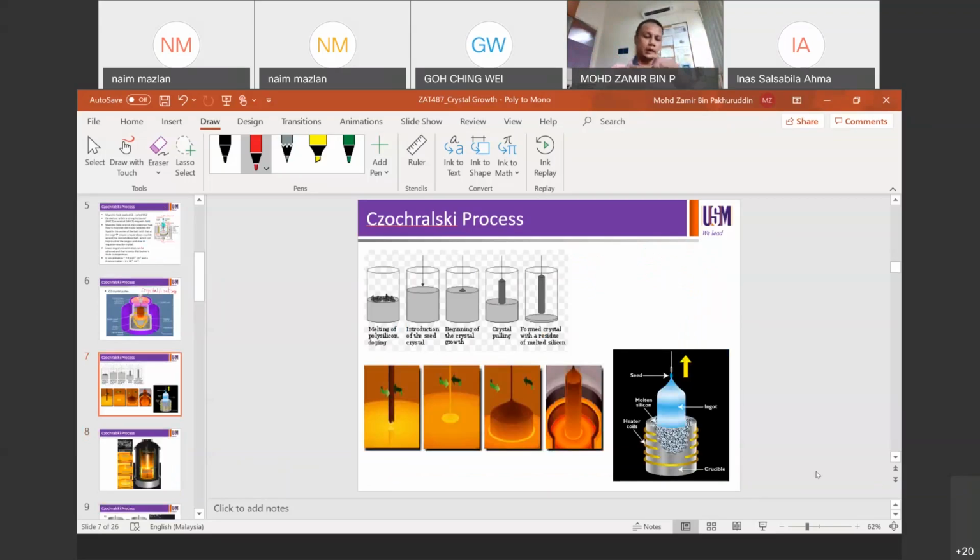So exactly like what I've explained now, it involves melting from the first step, melting of the silicon chunks, introduction of the seeds, and then slowly pull, and then control the rotation and everything, and then kita akan end up with an ingot following the exact orientation of the seed. Okay, so that ingot will then be cut into wafers. Then kita akan pakai wafer to do the fabrication process.